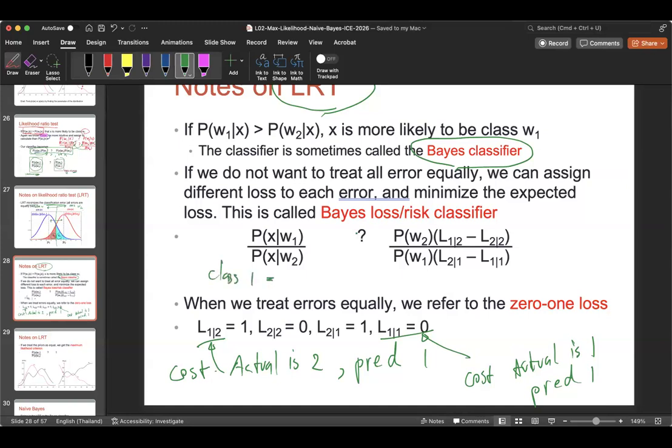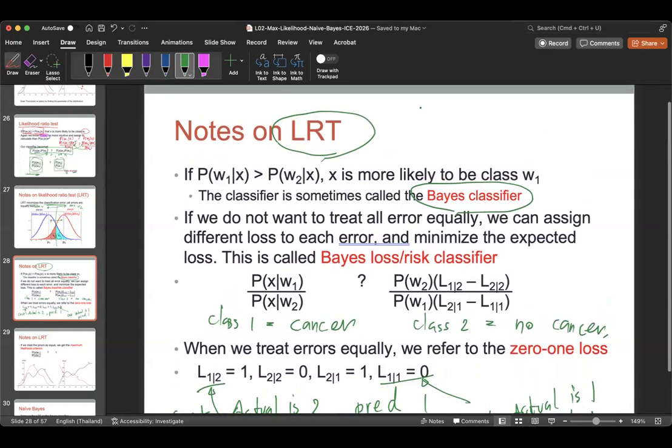For example, let's say that class 1 is, I don't know, predicting someone has cancer, and class 2 is no cancer. In this case, L1 given 2 is: someone has no cancer, and I say he has cancer.